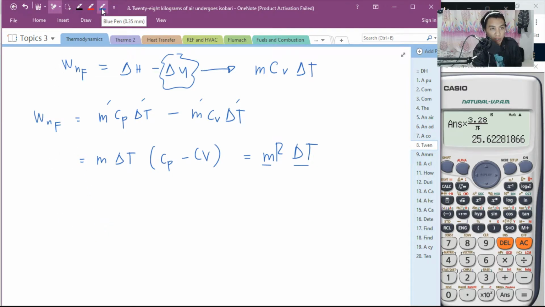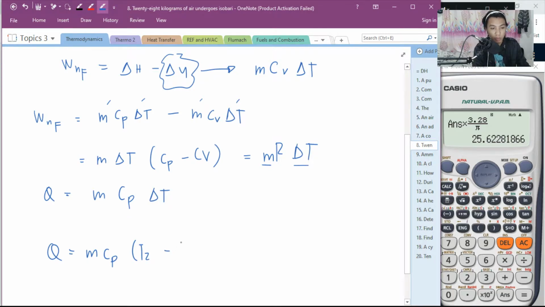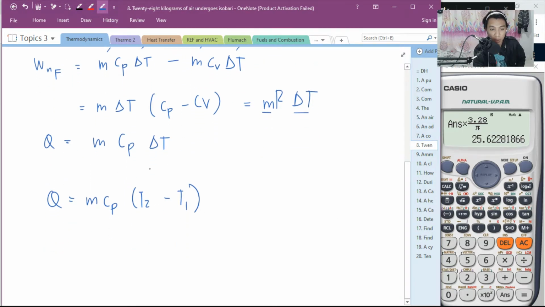Hanapin ko na lang muna si Q. Q is equal to M Cp delta T, or Q is equal to M Cp (T2 minus T1). Simplify ko na, hinahanap ko si T2.